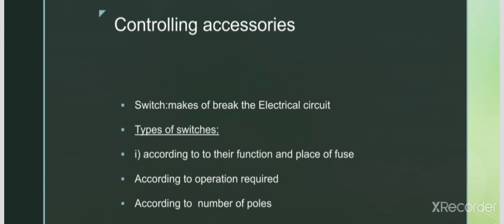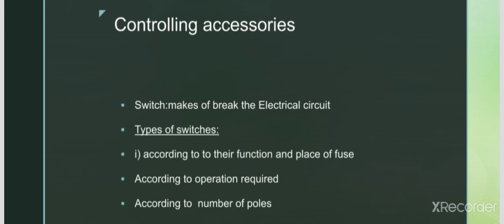The switches can be classified into different types based on different criteria. First, according to their function and place of use, switches can be classified as surface switches, flush switches, pull or ceiling switches, grid switches, bed switches, table lamp switches, iron clad, watertight switches. These are the types of switches according to their function.